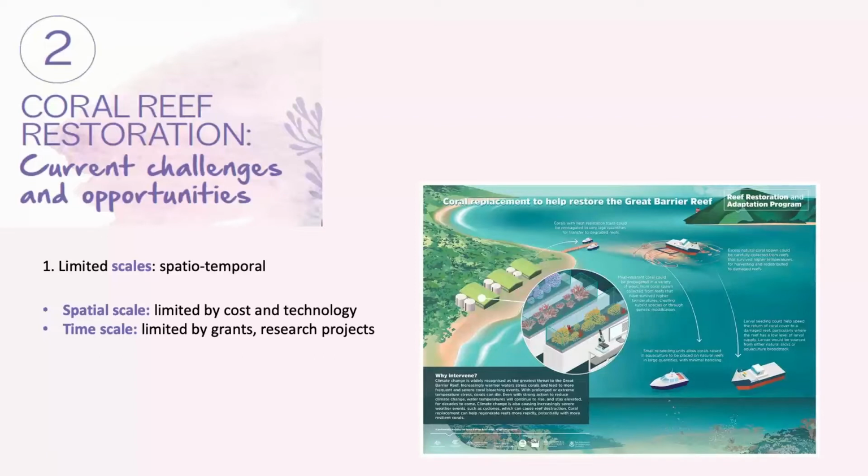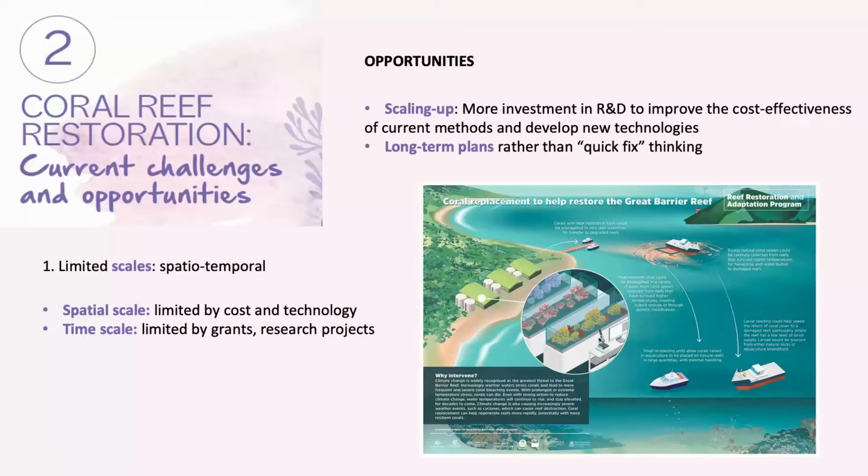We know that there's a lot of scaling up and a lot of effort to increase the efficiency and effectiveness of coral restoration, either improving current methods, but also developing new technologies like some of these examples from the RRAP program in Australia as well, trying to see if we can take out the diving aspect, which can be one of the limitations to scale.